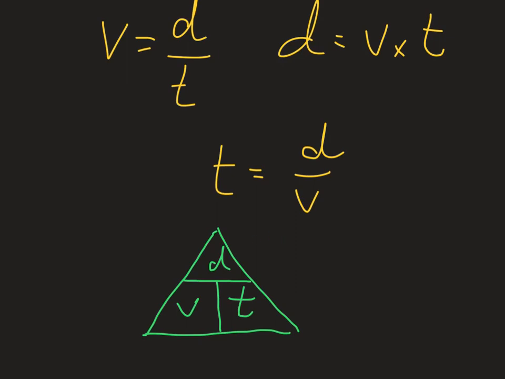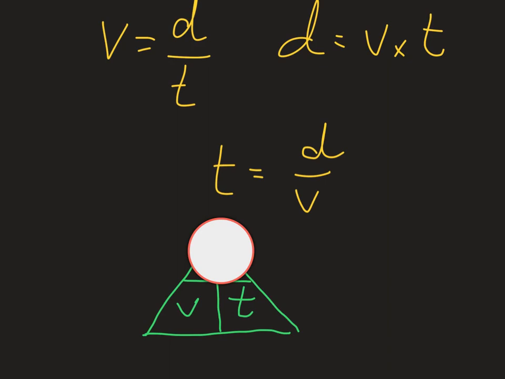What you do is you actually cover this up, and you see how what I have down here is velocity and time side by side. That means we're going to multiply them together. So in other words, if I'm trying to find distance, you just cover up the one you're trying to find, and you get velocity times time, which is the formula that I have here.